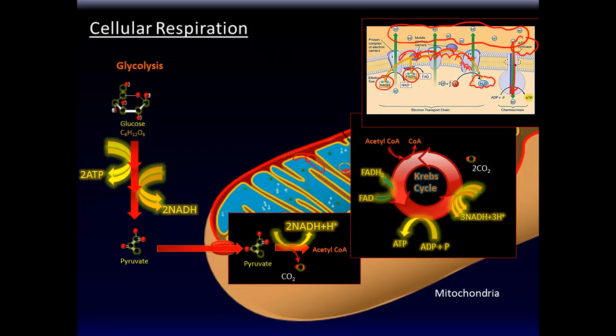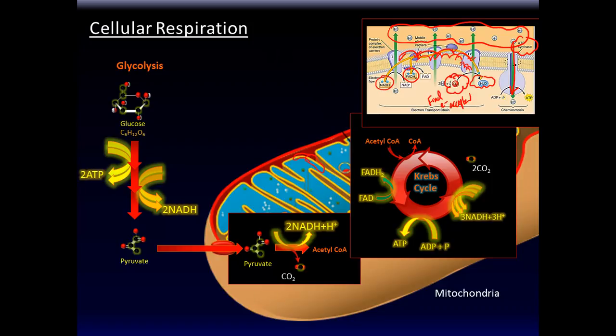Okay, so the final electron acceptor, which is nearly always a popular biology test question, the final electron acceptor in the electron transport chain process in cellular respiration is oxygen. It is the final electron acceptor and is critical for this whole process.